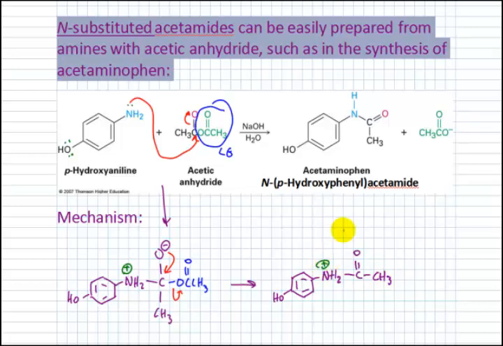It is the extra base here that deprotonates that N to give us the neutral amide, just like that. Plus, it's always a good idea to draw the leaving group that left here. We have an acetate ion that's floating around because that's going to have to be purified out.